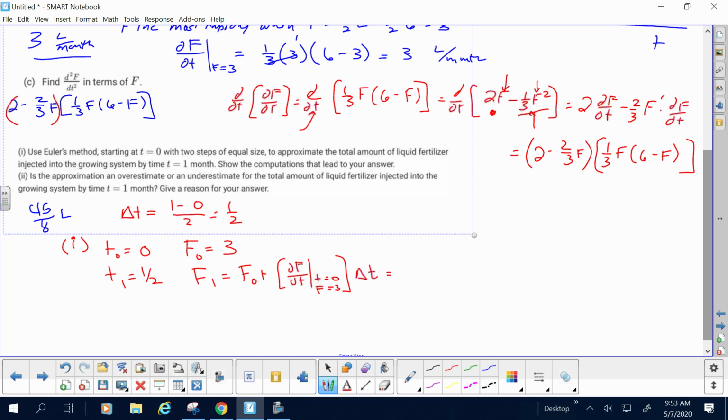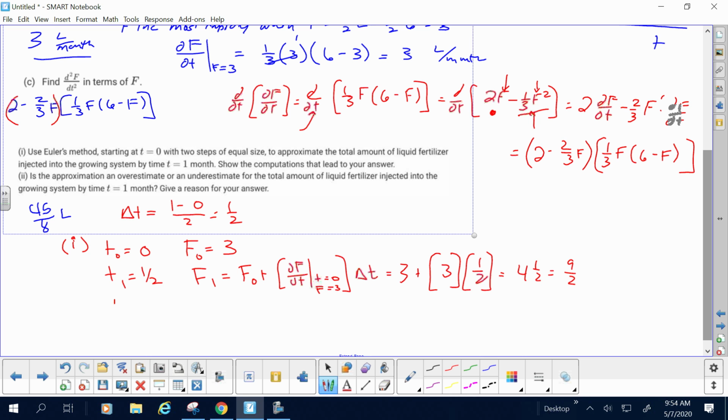The rate of change at 3, I think we already found that in part B, was 3 times a half, and so 3 plus 3 halves, 3 plus 1.5 is 4.5, or 9 halves, yeah?